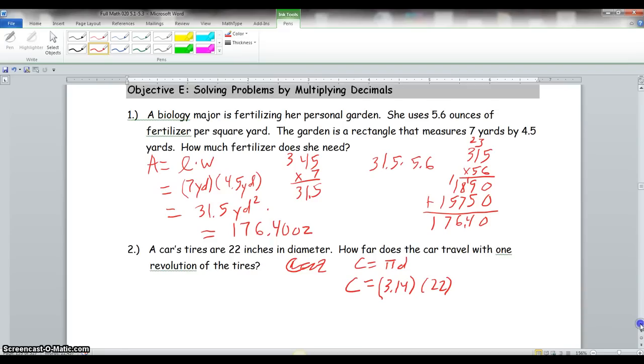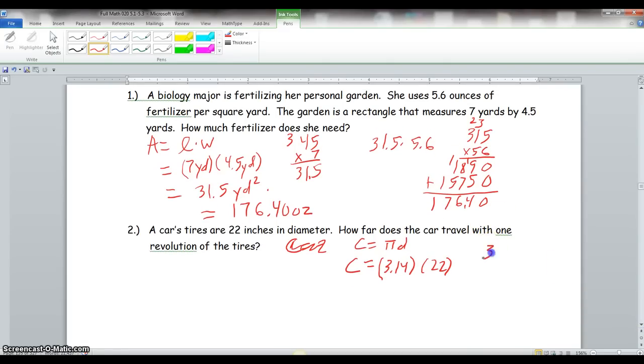Now we multiply that. 3.14 will make that 314 times 22. 2 times 4 is 8. 2 times 1 is 2. And 2 times 3 is 6. Add our 0. 2 times 4 is 8. 2 times 1 is 2. And 2 times 3 is 6. Now we add them. We have 8. This will be 10. 1 plus 6 is 7.